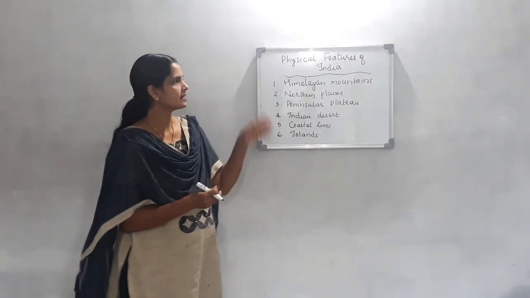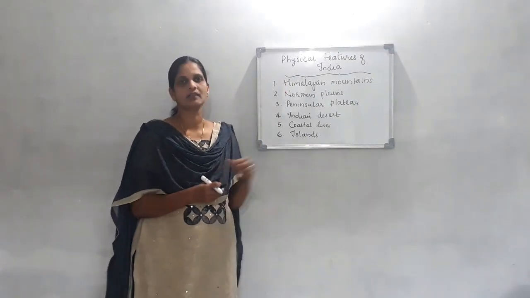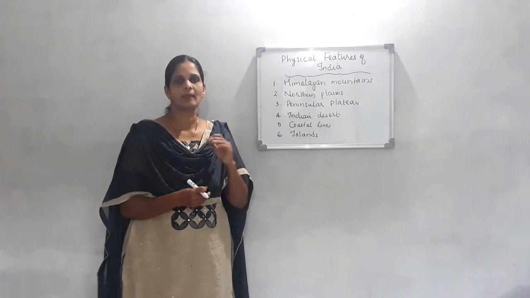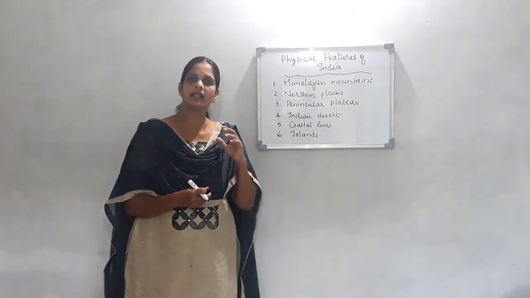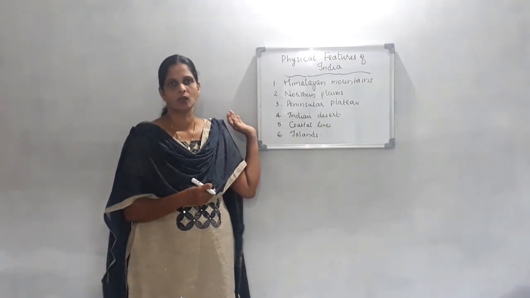Today we are discussing in detail the first physiographical division, that means the Himalayan mountains. What are the features of the Himalayan mountains? That means what are the relief features of the Himalayan mountains that we are discussing now.